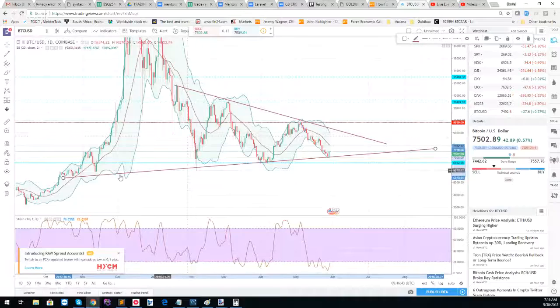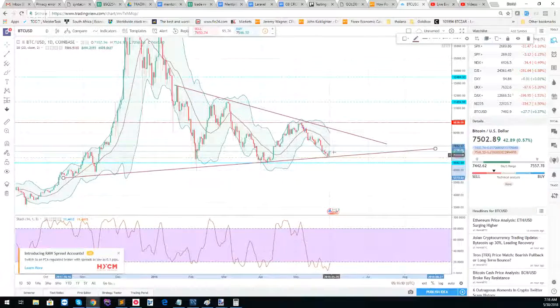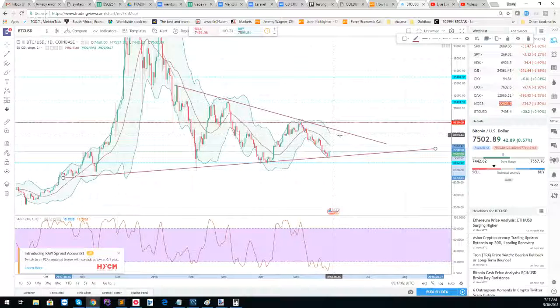Well, the difference is obviously this is the support line. So now the market came down to test the support line. And true as Bob, it bounced off the support line. Doesn't mean it's going to go in the opposite direction. It can still go down, keep this bear trend intact and hammer. Or this triangle could stay intact. We tested it, tested it, tested it, and go back to the opposite resistance line.